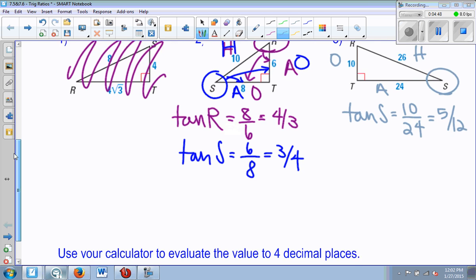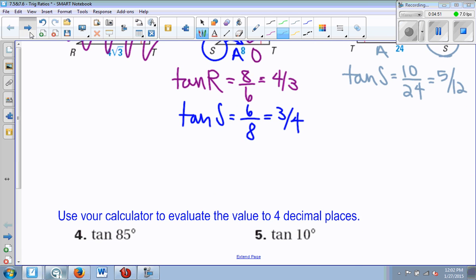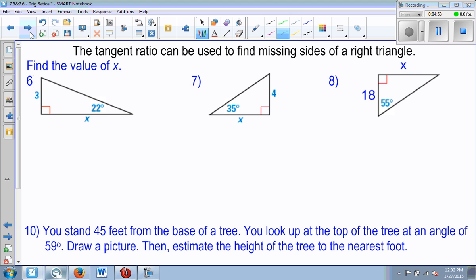What we can do is use the tangent ratio to help us figure out missing lengths of a right triangle. So what we're going to do here is identify first where the angle is, and then we're going to identify the side lengths that are labeled from that angle. So in this picture, the 3 is the opposite side, and the x is the adjacent side.